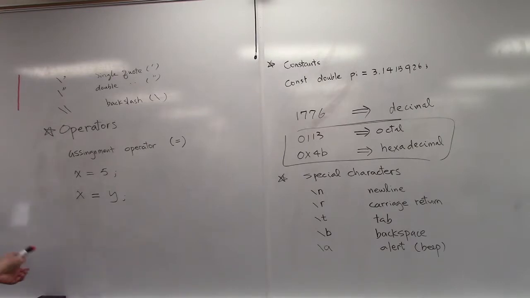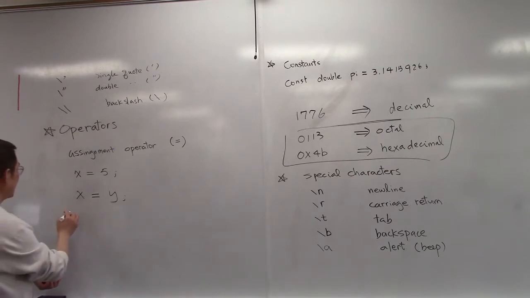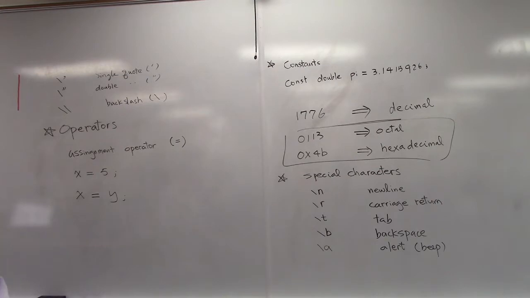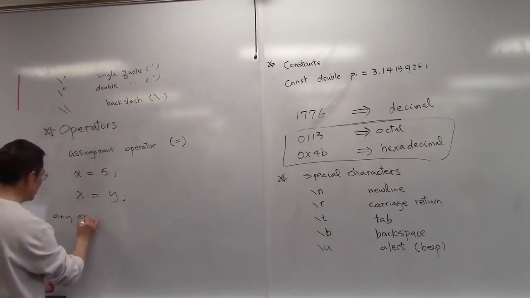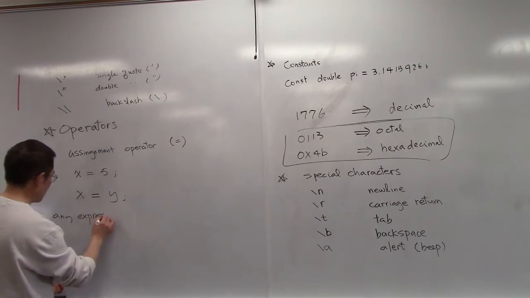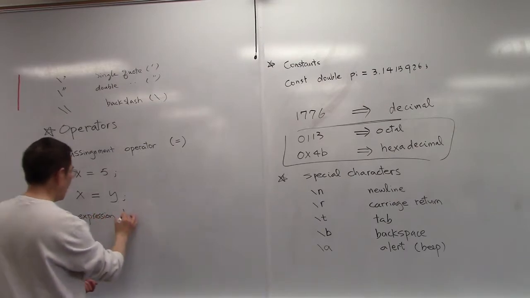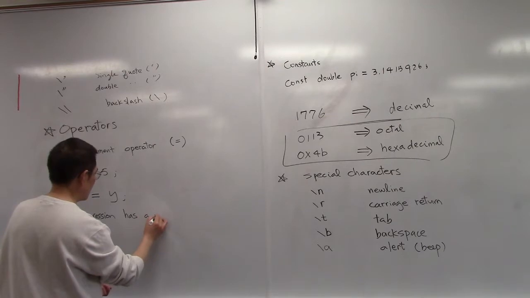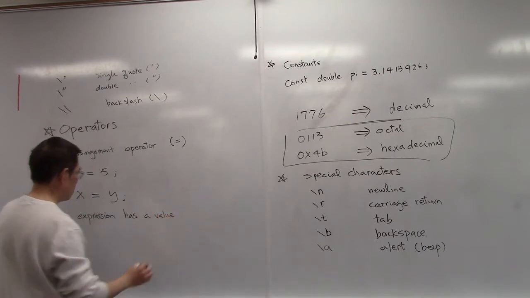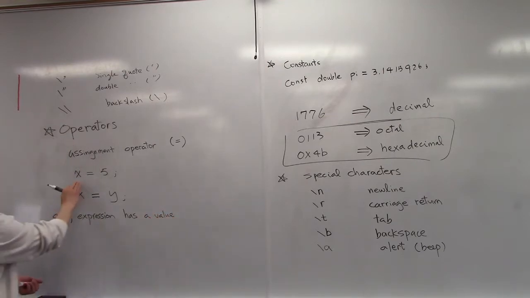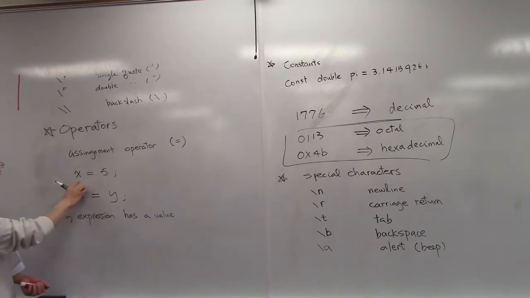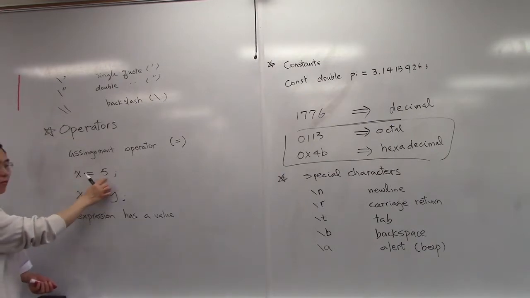Okay, one concept you need to know, that is a little bit unique to C++ or C, is that any expression has a value. Okay? For example, this is a variable x which is assigned the value of 5.